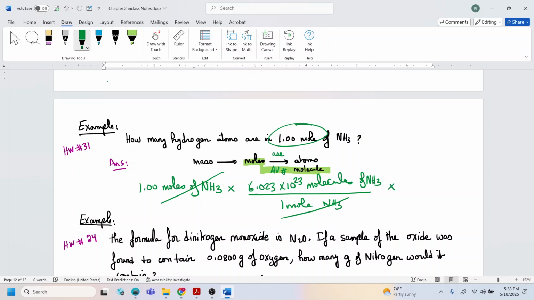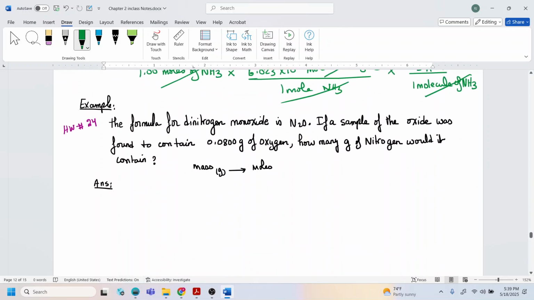Now I can relate the molecules to atoms by knowing that for every 1 molecule of ammonia, this has 3 atoms of hydrogen. So 3 hydrogen atoms in there. The molecules and the molecules will cancel, and I get the 3 hydrogen atoms. You can do the calculation for this one and get the answer.